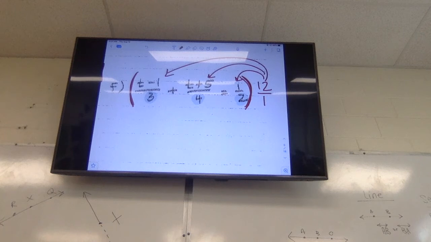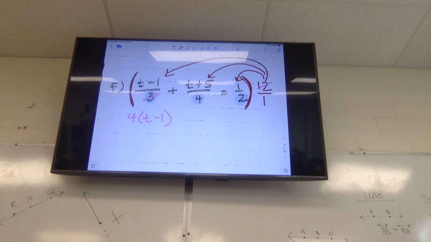The first one, I've got 12 on top, I've got 3 on bottom, so I get to cross those out, and that's going to be 4 times the numerator. Because if I do 12 divided by 3, I'm just left with 4. Are we okay with that?